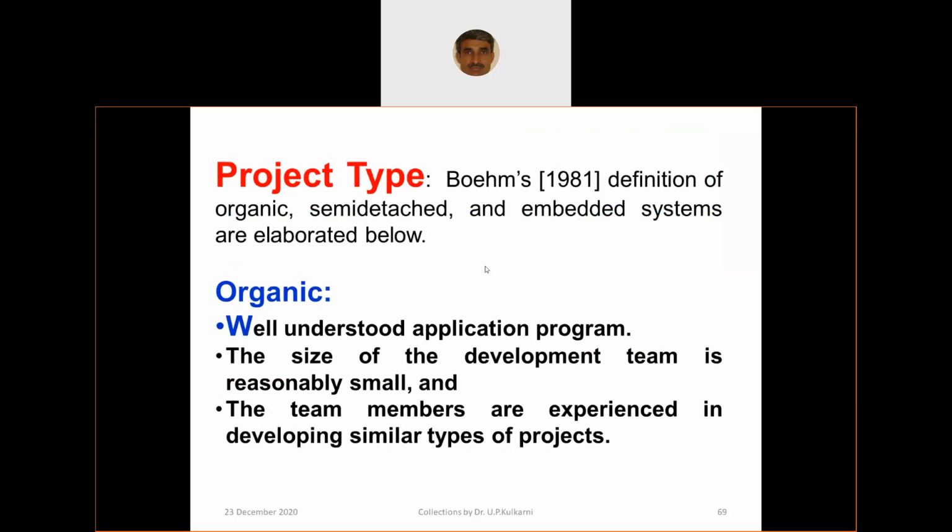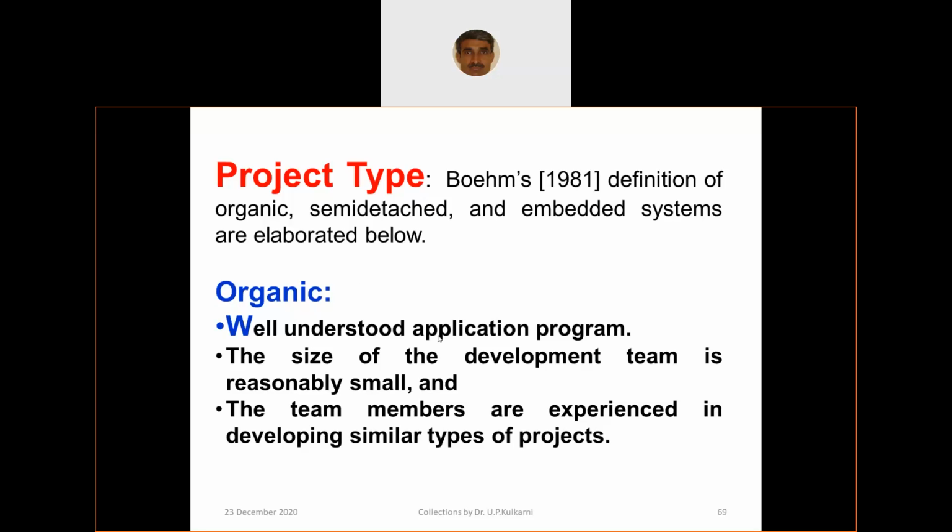Now here, as a first step, you need to look at whatever project you are doing and which category it belongs to. They have categories: they classify projects as organic, semi-detached, and embedded, with a property for each one. Organic project type is a well understood application program.